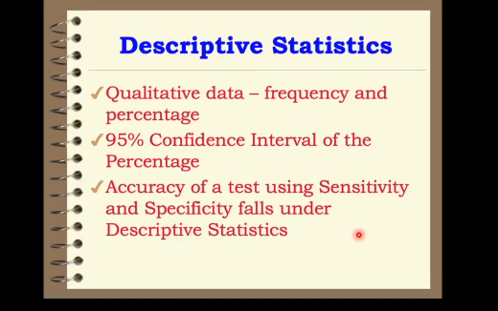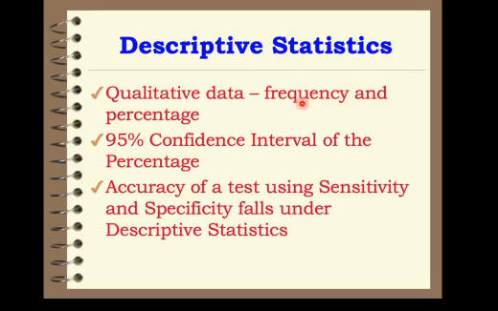Now, let's talk first of descriptive statistics. We don't have here hypothesis testing. We're just talking of descriptive statistics, estimation, for example, estimating a parameter. And if we want to estimate a parameter that's qualitative in nature, then the statistical test will just be a frequency and percentage.